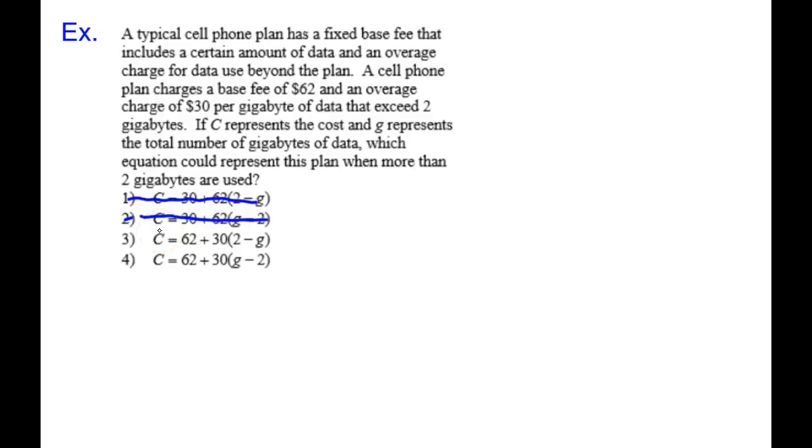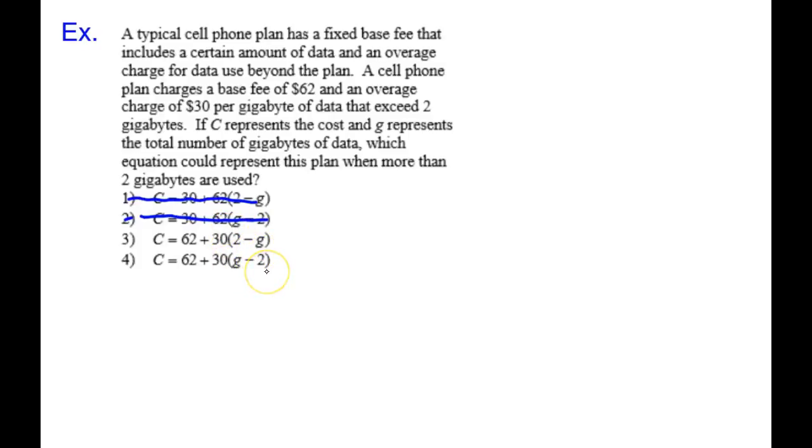If we look next at the next piece of information, there's a charge of $30 per gigabyte of data that exceeds 2 gigabytes. That's going to be the rate, which would be the slope of the problem, which in equations 3 or 4 are the same. Okay, so that part of those equations is correct. The next part is going to be the expression within the parentheses.